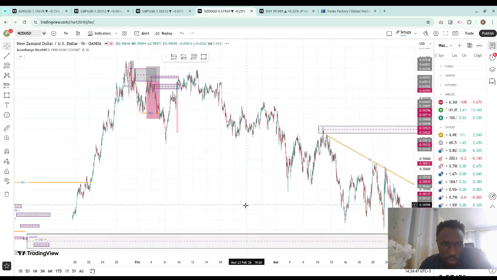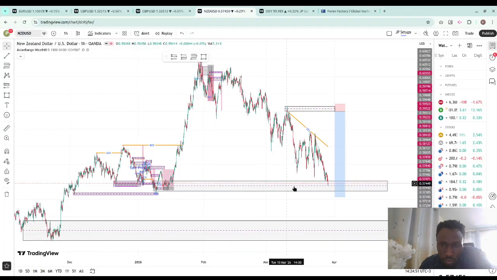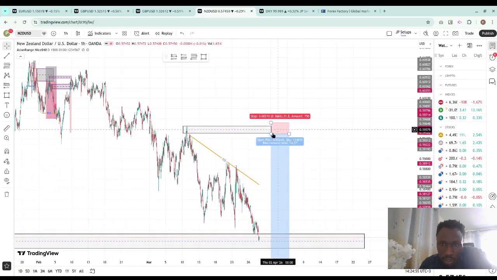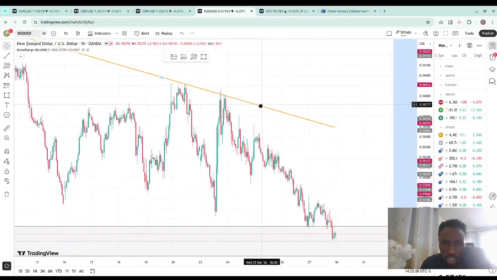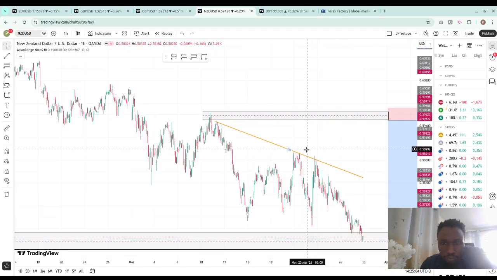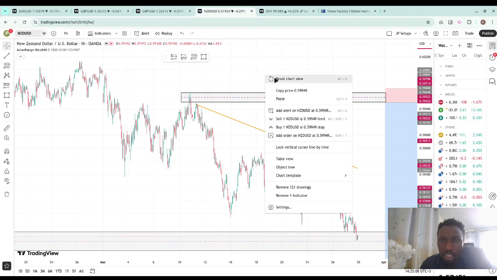But the probability of it going upwards and then dropping is also low. So yeah, that's the general view of it.